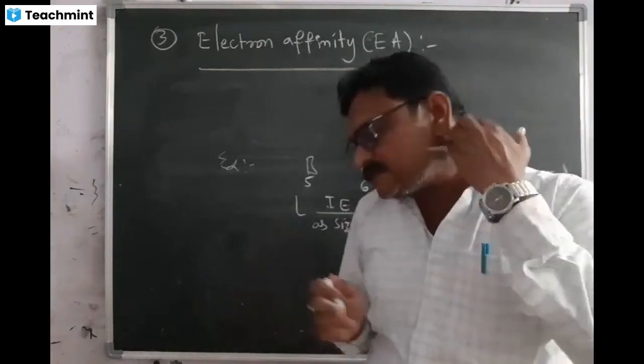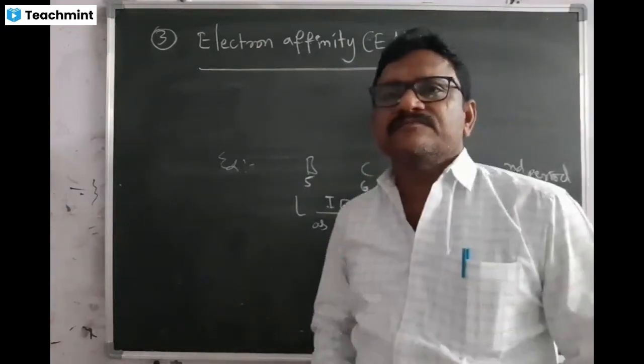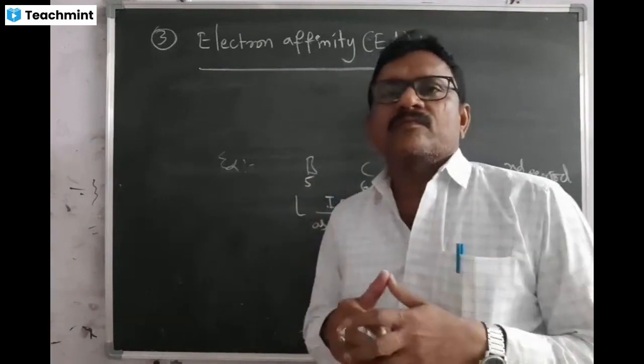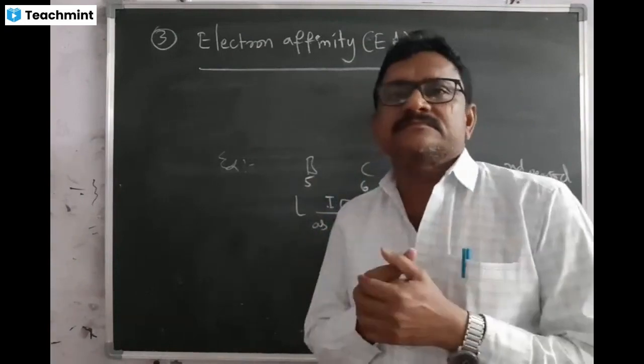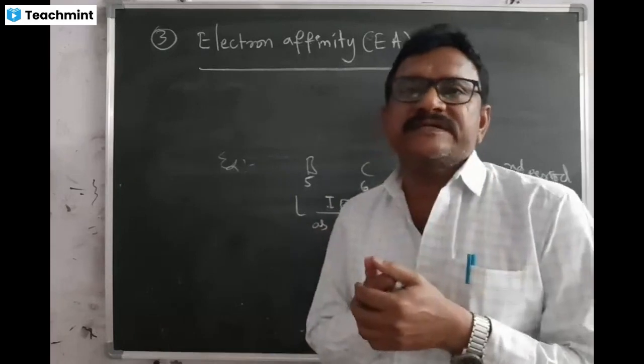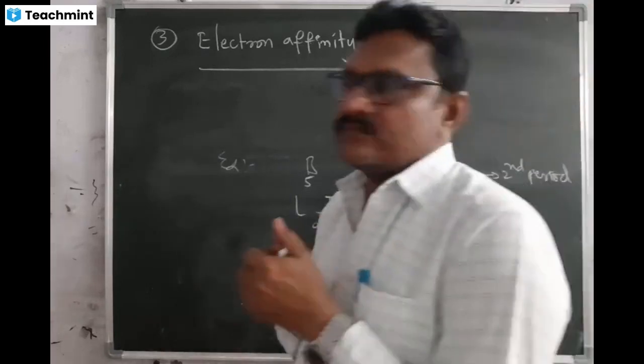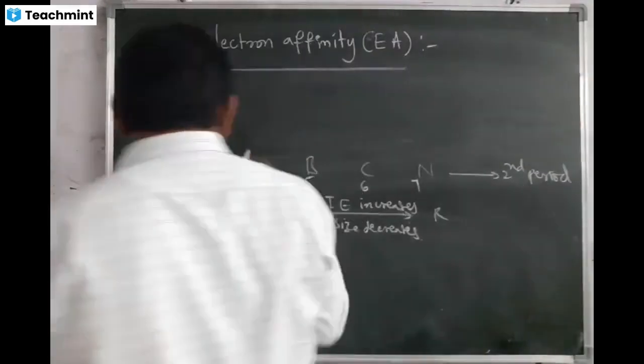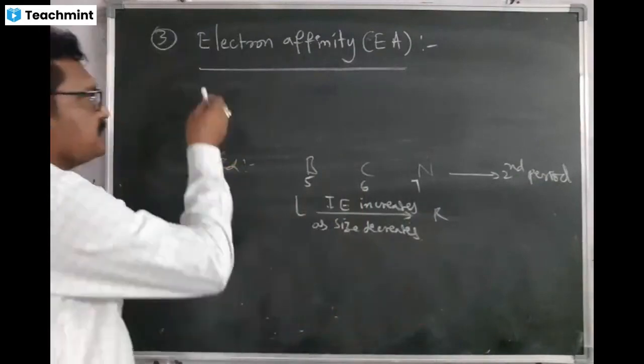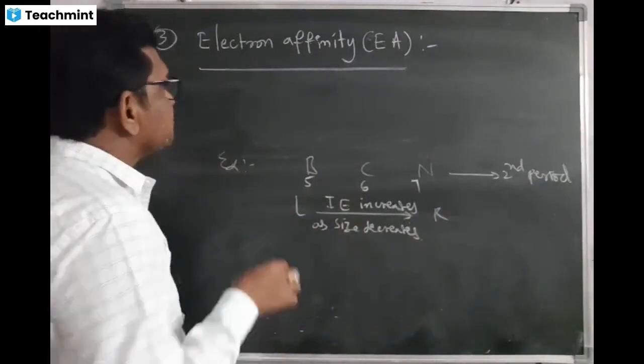So to understand electron affinity, before that we want to know the definition of electron affinity. What is electron affinity? We will see now. Electron affinity means, you write down. I explain very clearly by taking examples also.